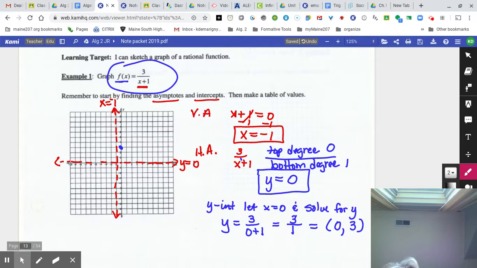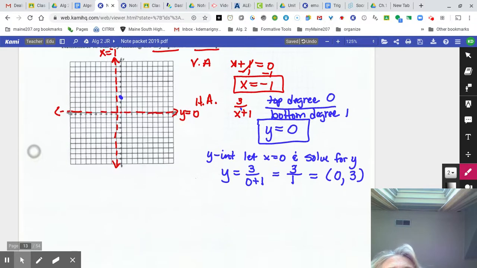Now, the next thing I want to find is the x-intercept. If I'm paying attention, I notice that my y equals 0 is part of my asymptote, meaning that my graph is never going to touch the x-axis. However, I can verify that just by doing our standard procedures for calculating an x-intercept.